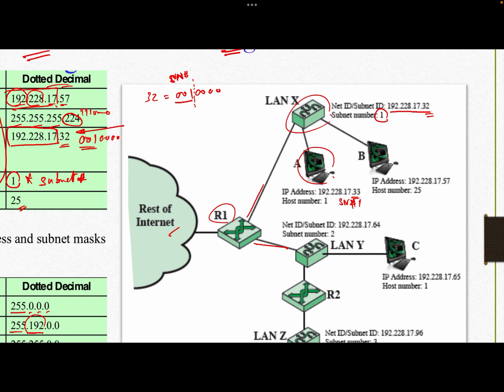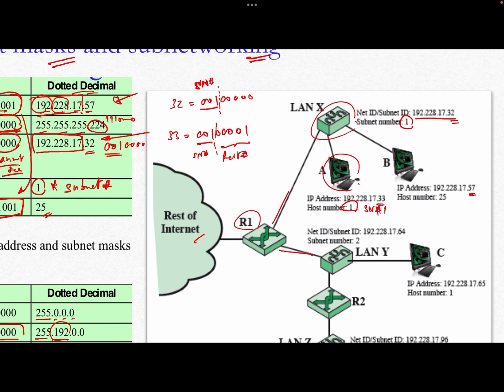What is the host number? 33 means it's 0010001. So this is the subnet number and this is the host number. So host number 1. How about 57? 57 is actually these examples here, and so the host number is 25.